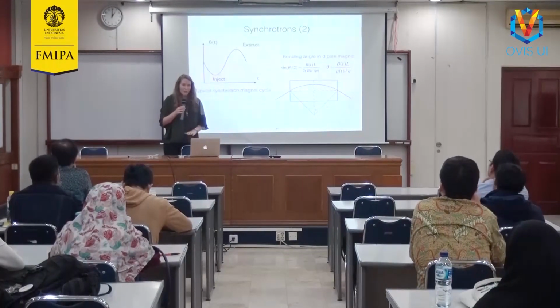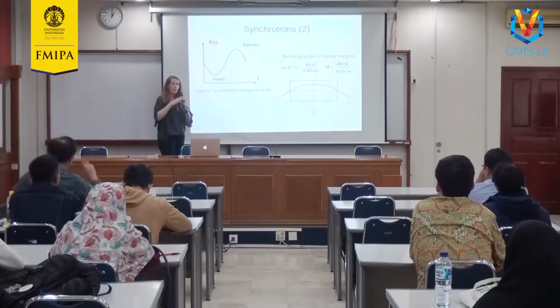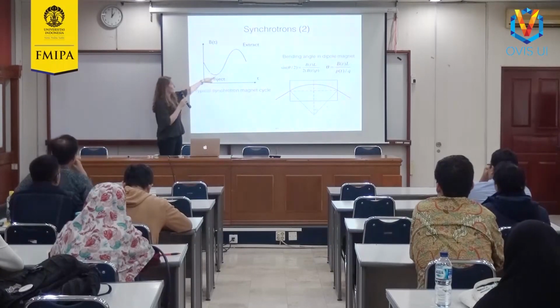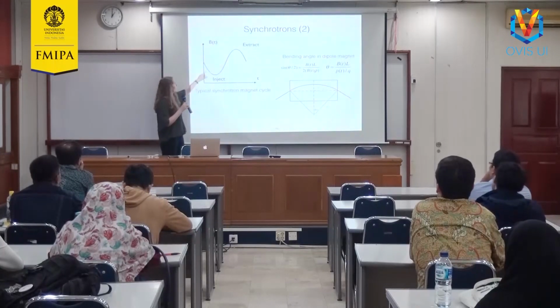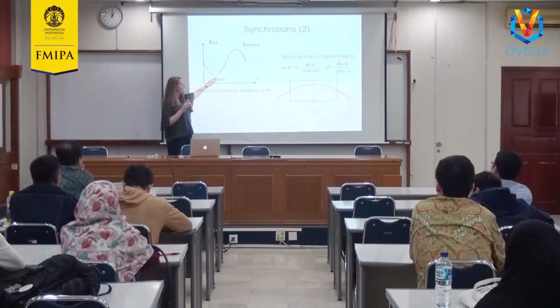And the way this machine works is that, over time, the magnet power supplies ramp up and down, usually following a sinusoidal path. So the magnets are being powered and depowered, as it were. You inject the particles at the low magnetic field point.